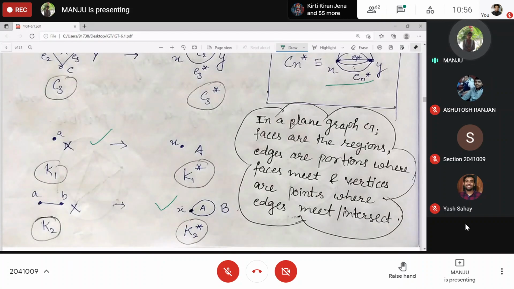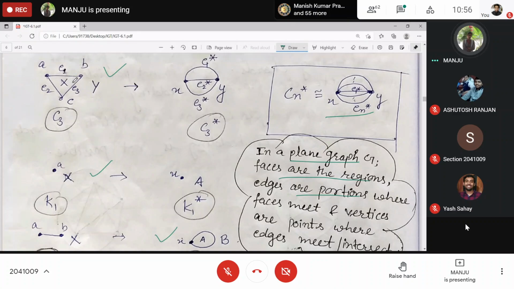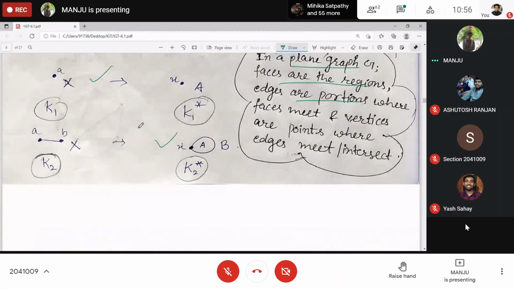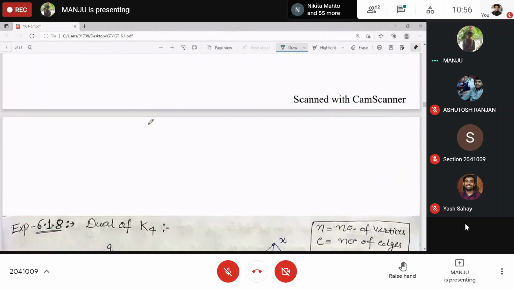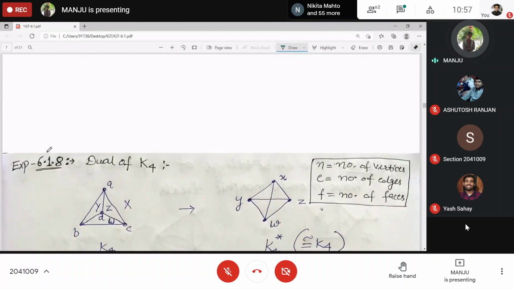In the plane graph, faces are regions, edges are the portion where two faces meet, and vertices are where edges meet. Clear? Yeah, dual of K4.